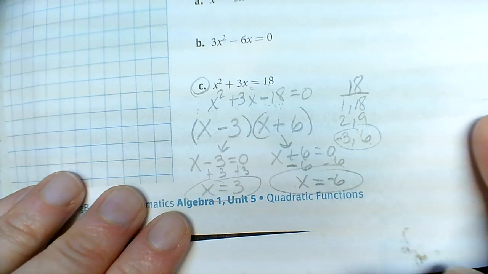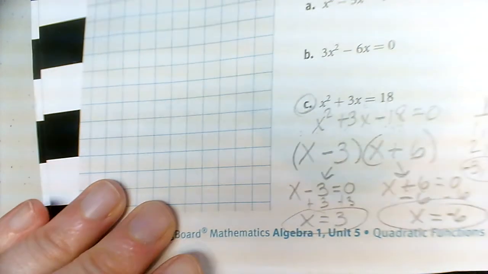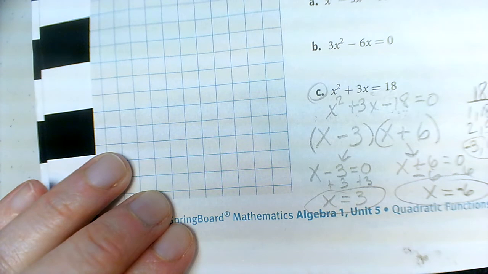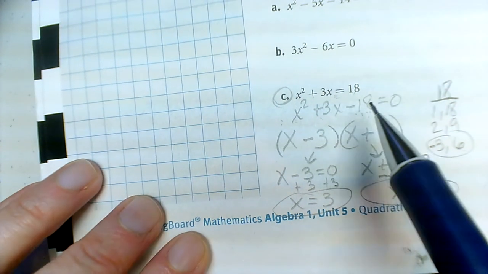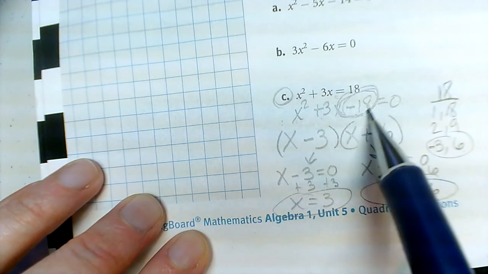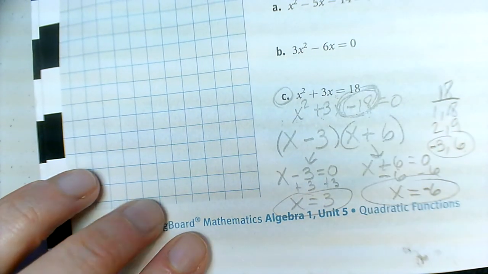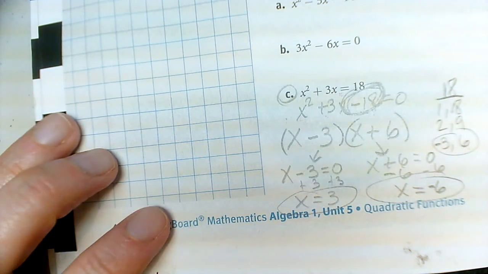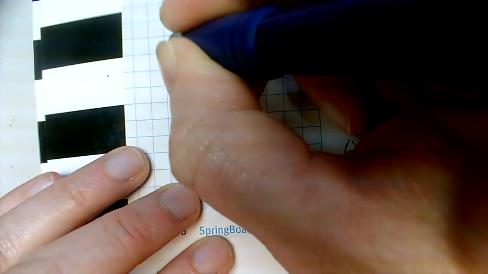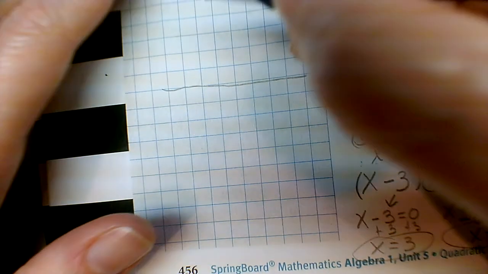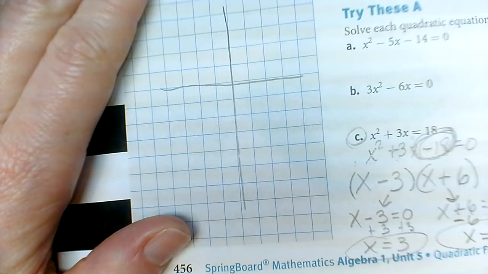So if I think about graphing this one, I've got my two x-intercepts, one at 3 and one at negative 6. I also know from the function itself that my y-intercept is negative 18, so that tells me a little bit more about my function. If I did kind of a rough sketch here, let's see what this one might look like.